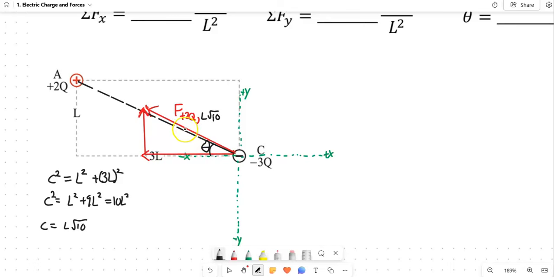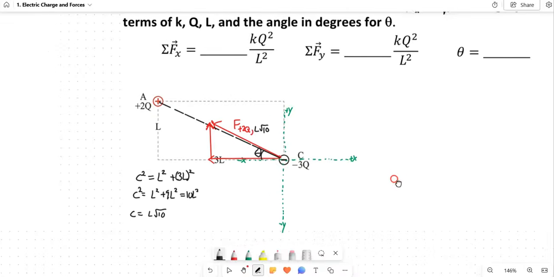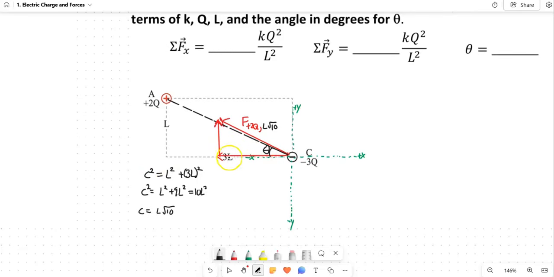Now, this is the hypotenuse, and we have this angle pointing in the x direction, and we have theta right here. First of all, we don't know what theta is. We need to figure that out. But we also need to label this in terms of the hypotenuse and theta. So let's do that right now.